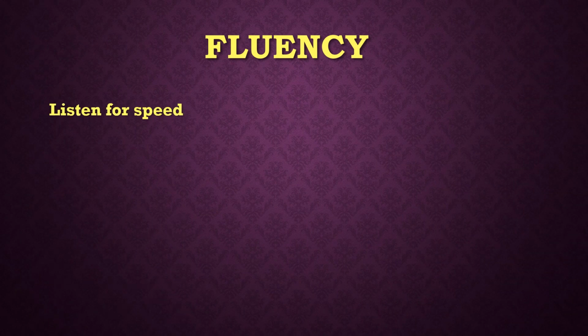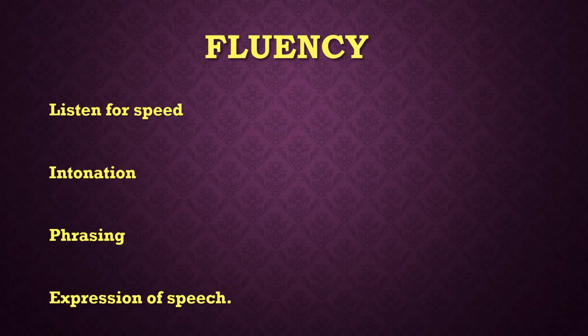Fluency. Listen for the speed, the intonation, phrasing and expression of speech. Normally, people comfortably speak at a rate of 100 words per minute. Less than 50 words per minute is indicative of disfluency.